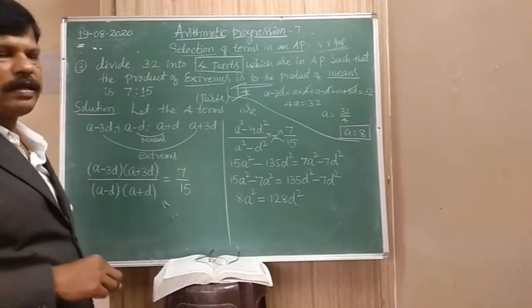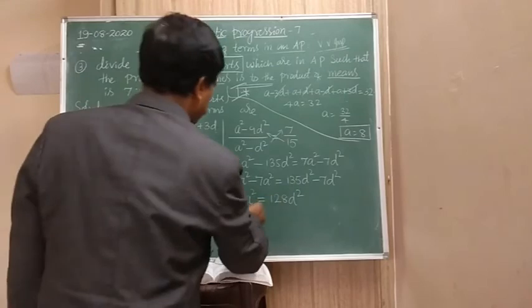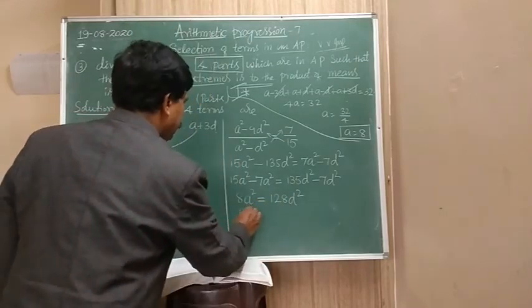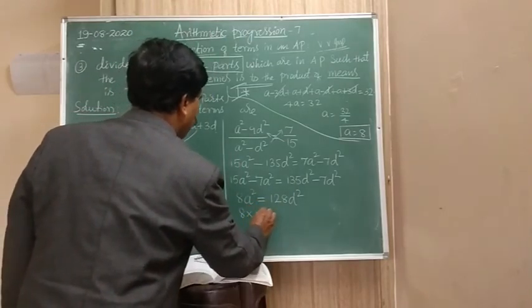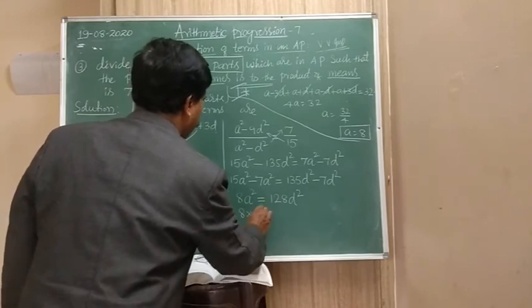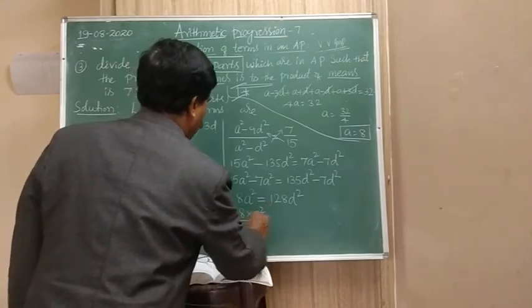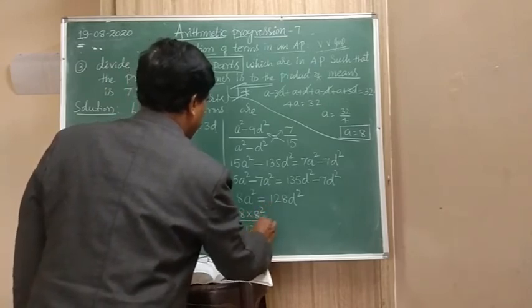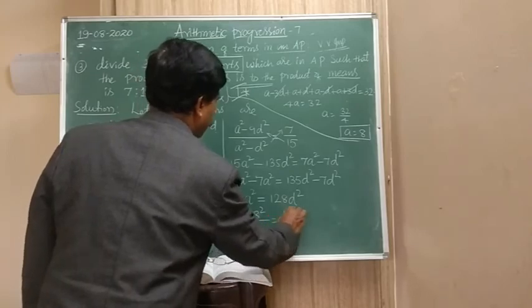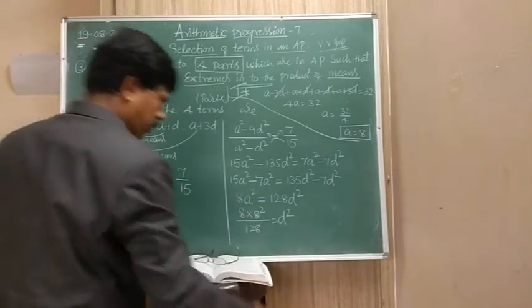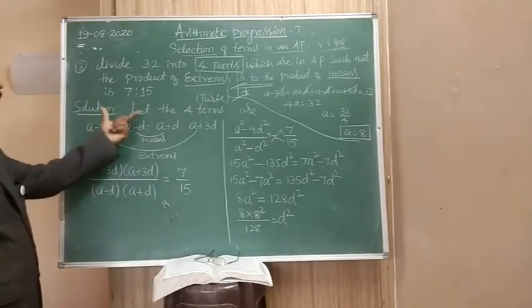Divide 32, right? Now substituting here 8 into 64, that means 8 square, whole divided by 128 is equal to d square. Now I am rubbing this. Understood?